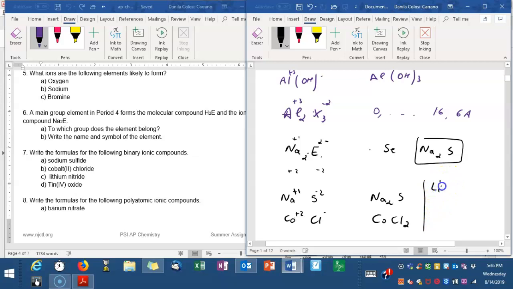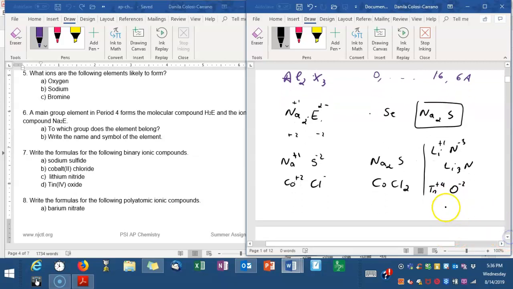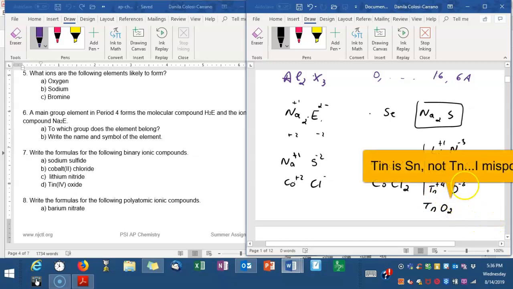Then lithium has a +1, nitrogen has a -3, so Li3N is your formula. And then tin 4, right? Oxide 2-, so how do you balance this one up? You just write, let me find a space. So Sn O with a 2 there. Okay, so this is 4 and this is 4 also.